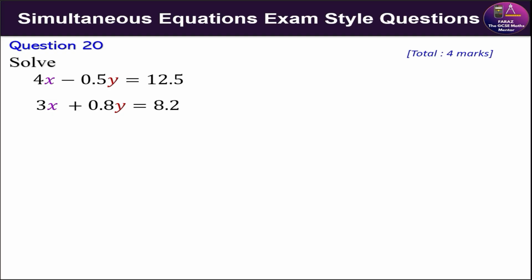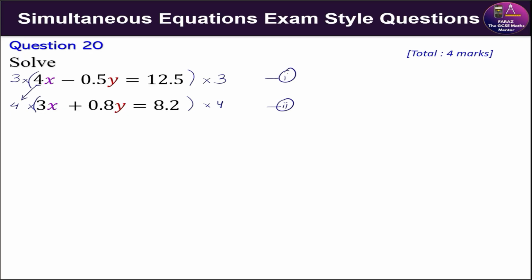So to do this, you just have to multiply this 3 in the first equation on both sides and multiply this 4 in the second equation on both sides. That's your equation number 1 and that's your equation number 2.